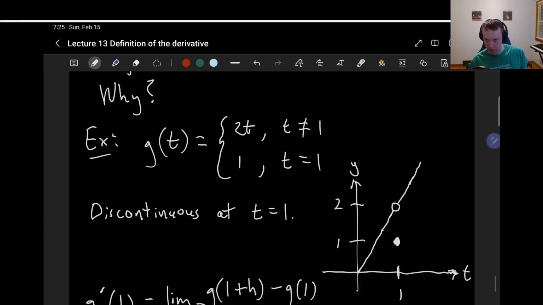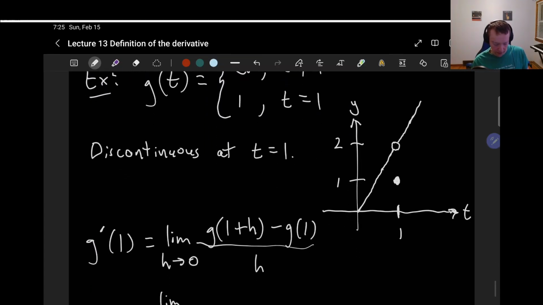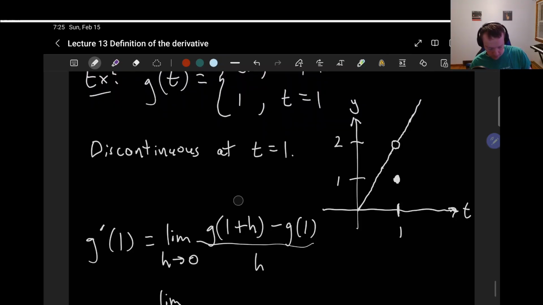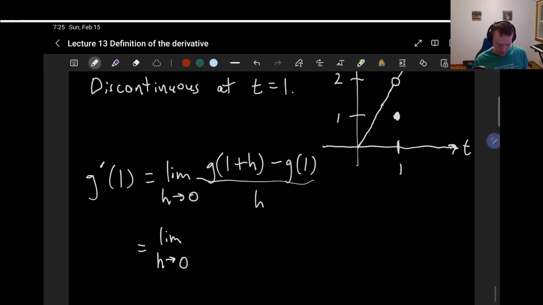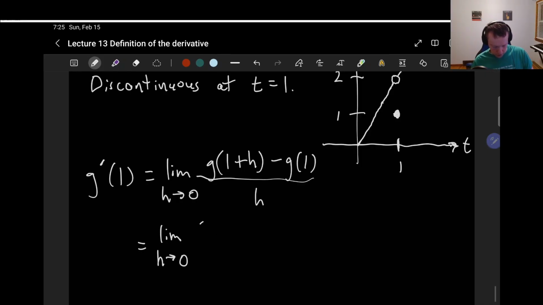So if I'm plugging in values which are not quite reaching 1, because this is 1 plus h, and h is not quite 0, that means we use this formula, because the thing we're plugging in is not 1. So 2 times the whole input.